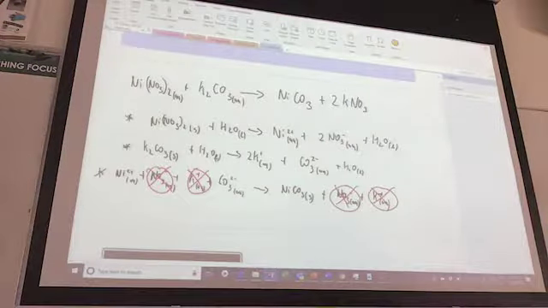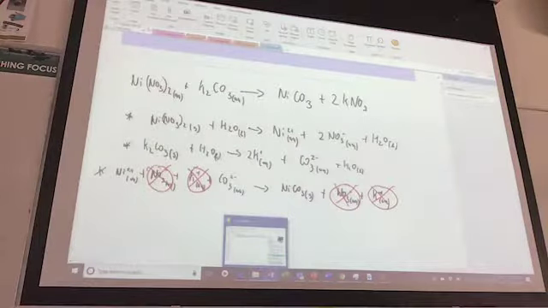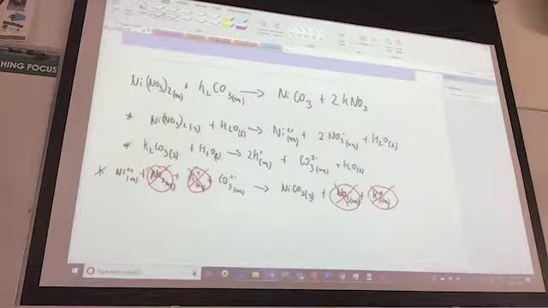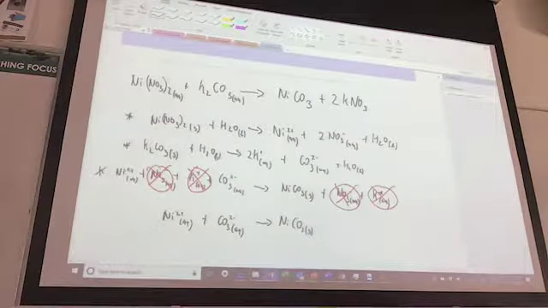So, when we write an ionic equation, I'll come to you in a second, we will simply write this as Ni2+ aqueous plus carbonate goes to nickel carbonate as a solid.